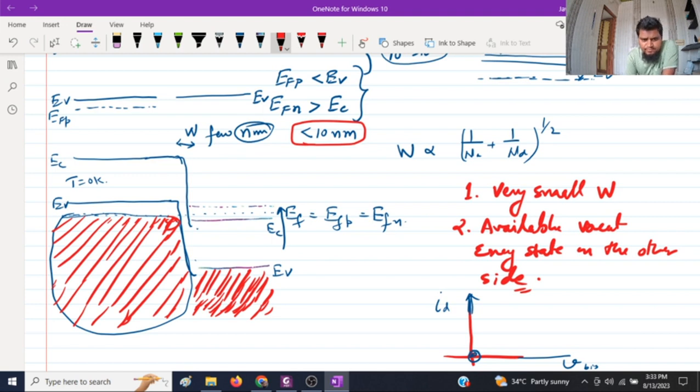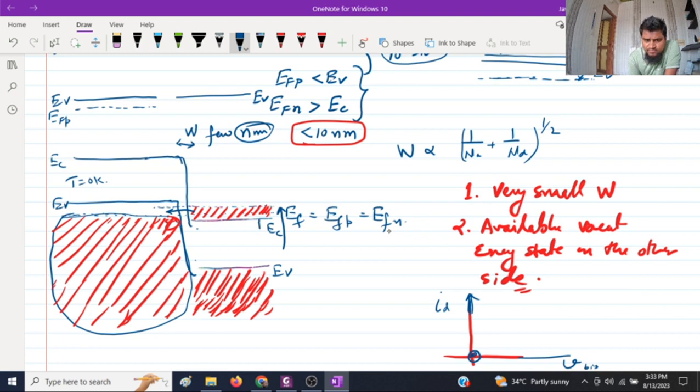Okay, so now the situation is that these regions are filled, so it will find some of the region over here which is vacant. So now the tunneling will start.